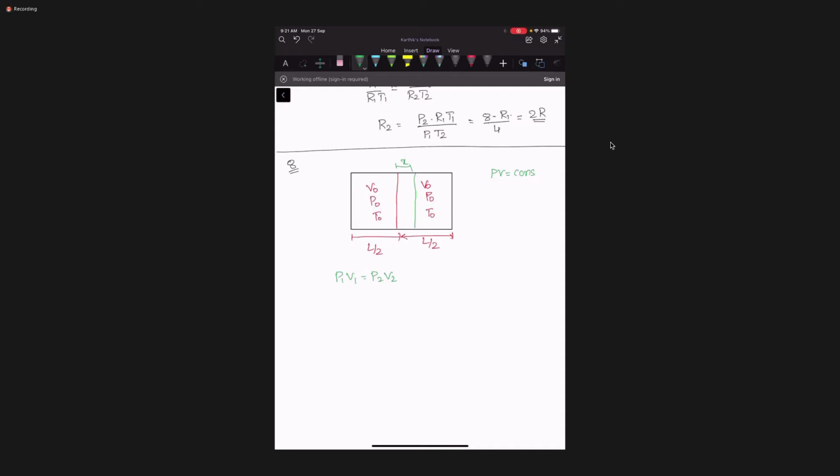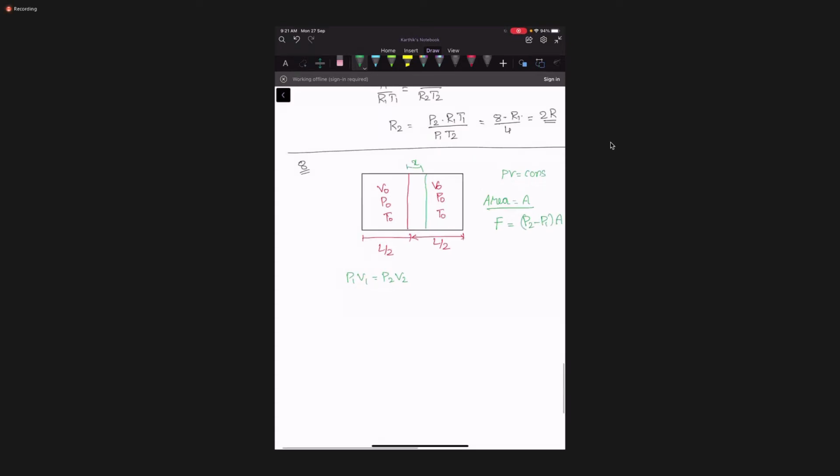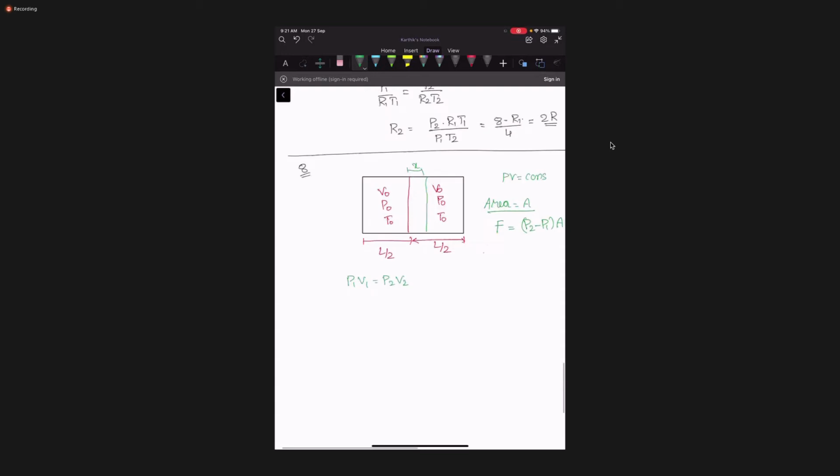So let me say initially let area be A. The work has to be performed. So first of all, the force you have to apply is P2 minus P1 into area, isn't it? Delta P into area is the force which has to be applied.